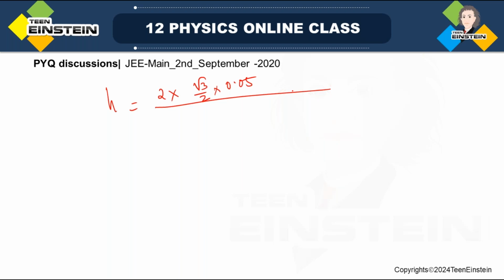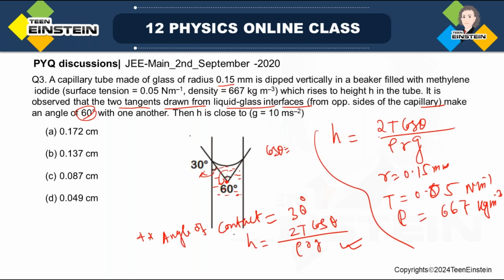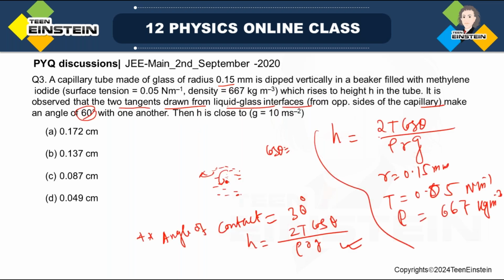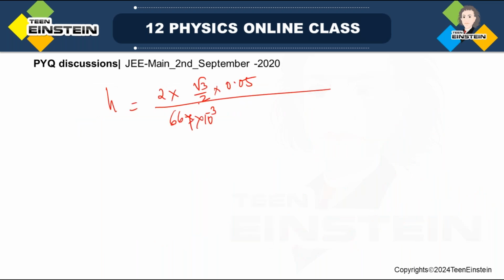So 2 cos theta and T we have written in the numerator, and in the denominator, rho, r and g. So guys, you can actually put the values.